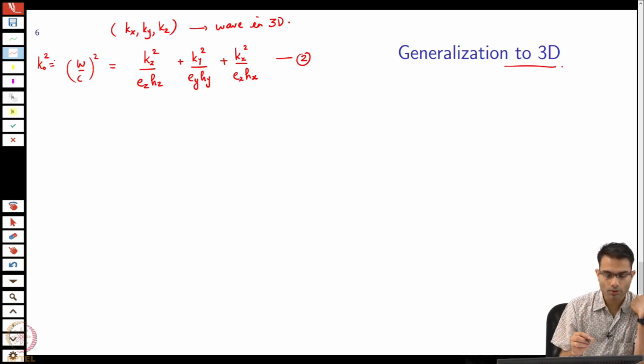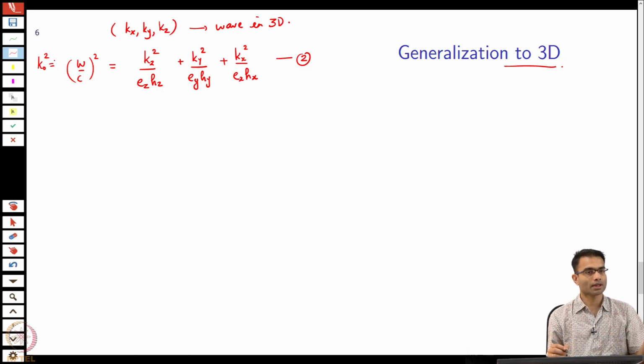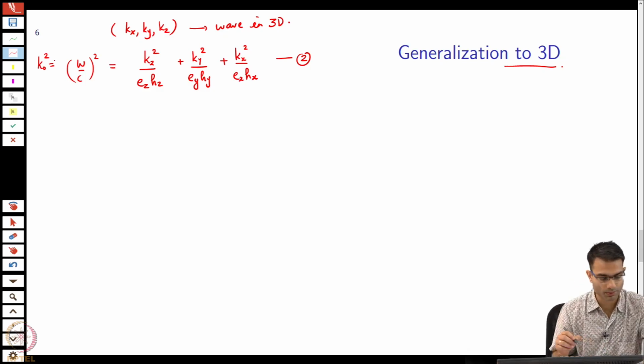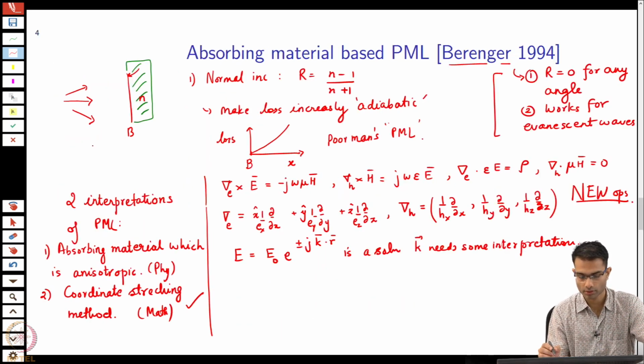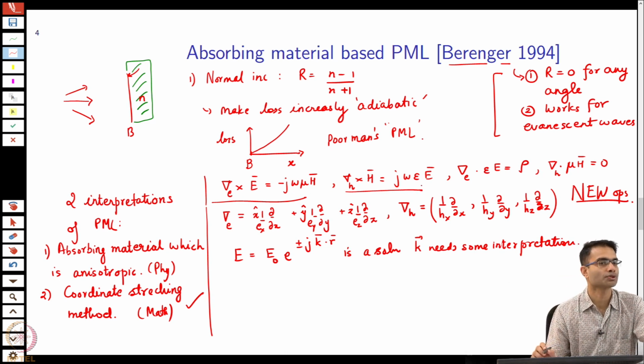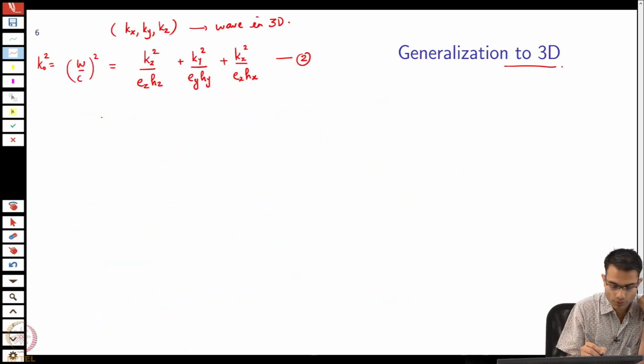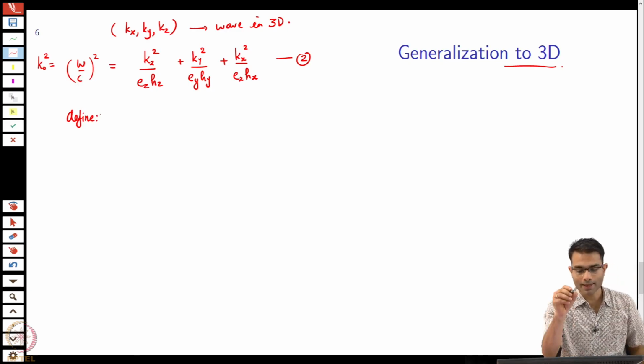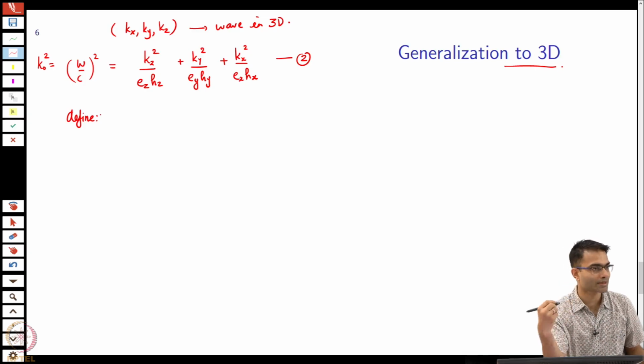The first two Maxwell's equations that I had, curl of E, let us go back further. This expression and this expression, supposing I substitute in terms of these new waves, what do we get? Actually, before that, let me define something. You notice that Kx is always coming with Ex and Hx in the denominator.